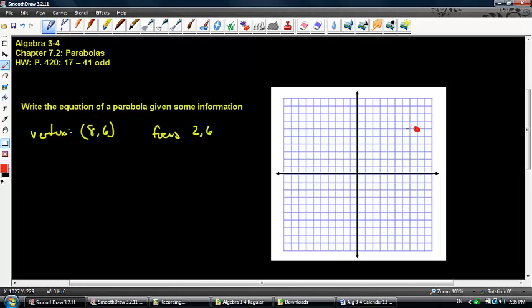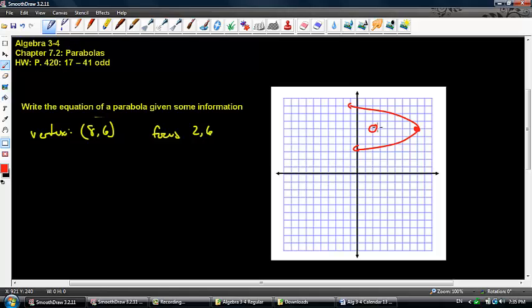That's right there. And the focus is (2, 6), so it's going to be 1, 2, and then the same elevation. Here's the focus. So use some sense: what is the only way this parabola can open and maintain the focus inside? It has to open left. So I know this is going to be some sort of x equals y squared parabola.